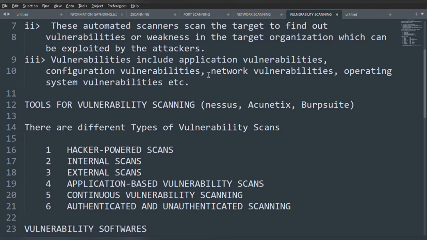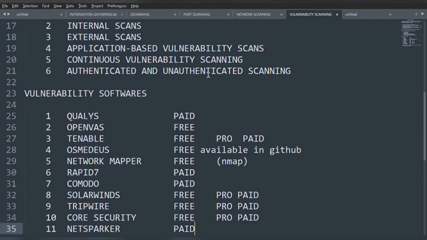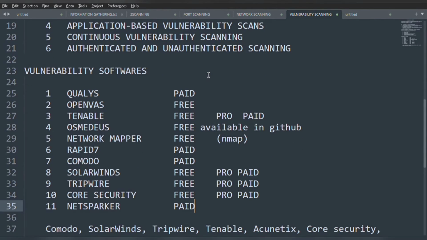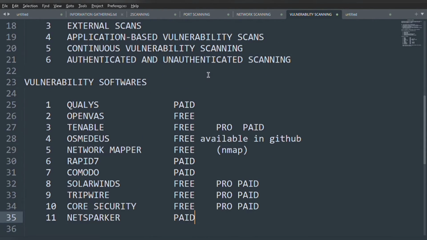There are mainly 11 of them. First one is Qualys, which is paid software. Second one is OpenVAS, which is free software, and you have to pay after 30 days. Third is Tenable Nessus, which allows only 16 scans for free, and the next are paid pro versions.